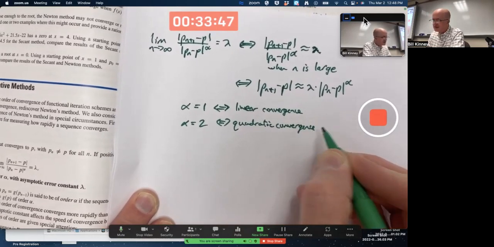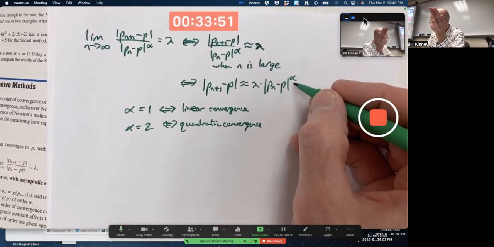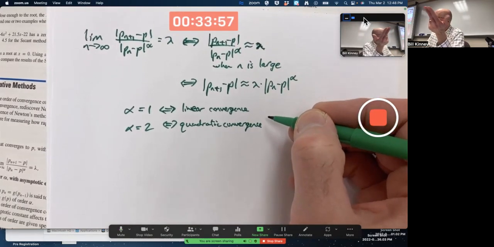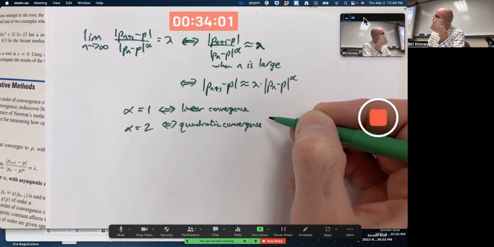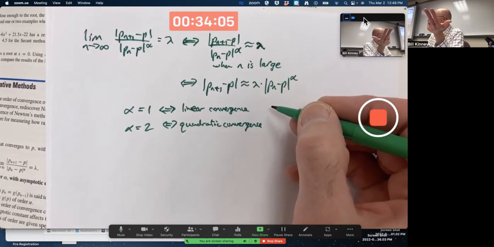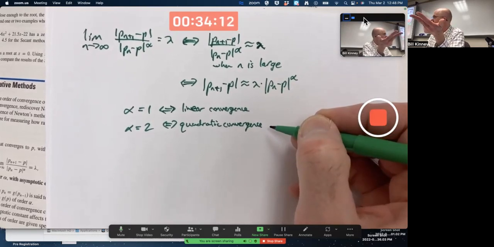They're called linear and quadratic convergence essentially because of the powers here, the 1 and the 2. Quadratic convergence certainly is faster than linear convergence, and that's good. We want fast methods. However, linear convergence is not that slow, to tell you the truth, in the big scheme of things. It's just that quadratic convergence is much, much faster.